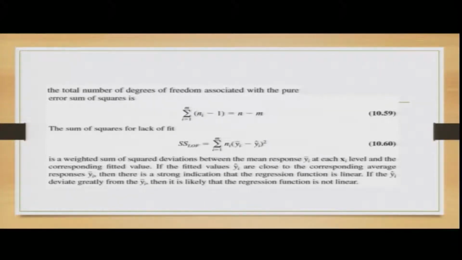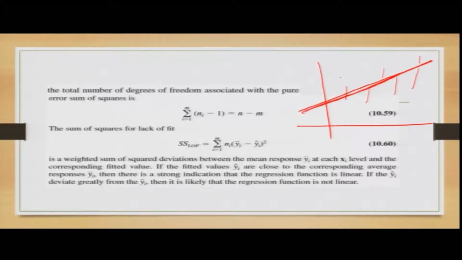So, this sum of squares due to lack of fit would be given by n i, the observations which you are going to take, and the difference between the mean value. So, you have the best fit line, and from there you are trying to find out what the errors are. So, y bar is the line which you have, and these y hats are the predicted values. Technically there are two sets.